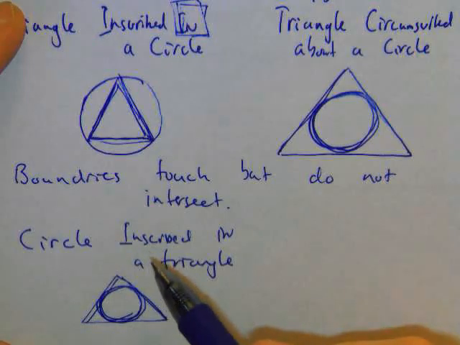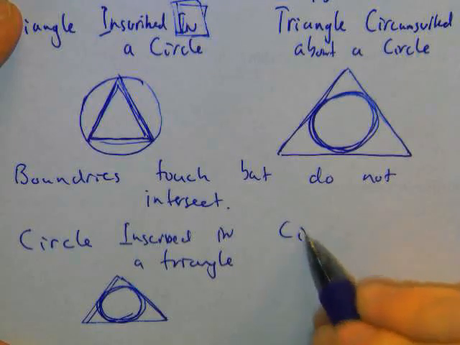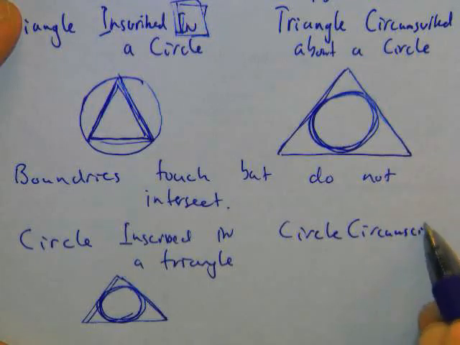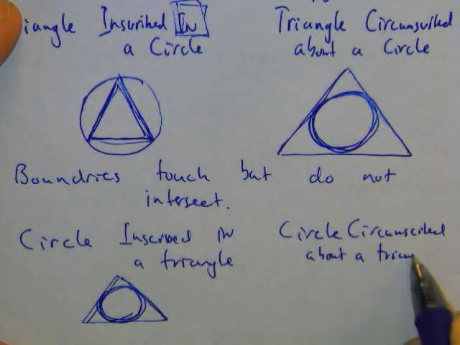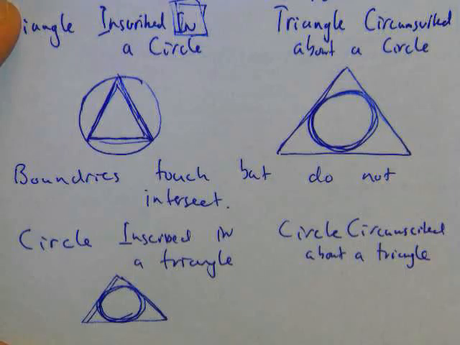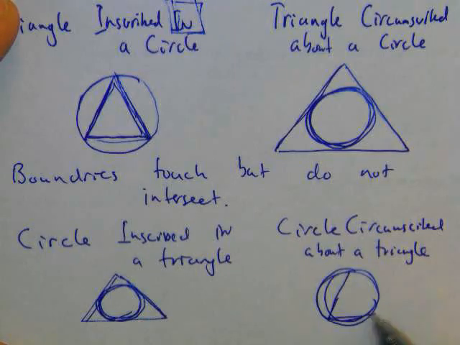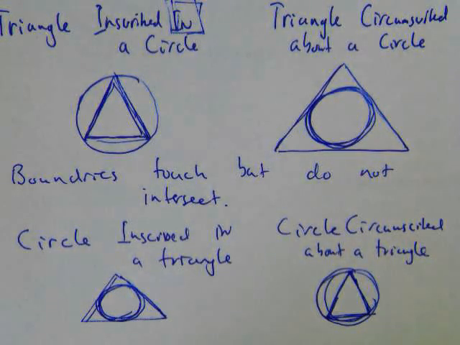We just moved where the circle and the triangle were. Okay, and if we do the same thing, circle circumscribed about a triangle, it's going to be a circle outside a triangle. So we'll get that kind of situation. All right. So that is circumscribed and inscribed.